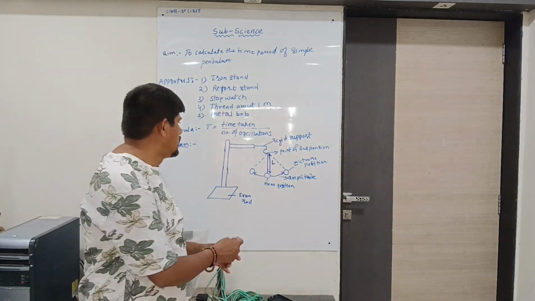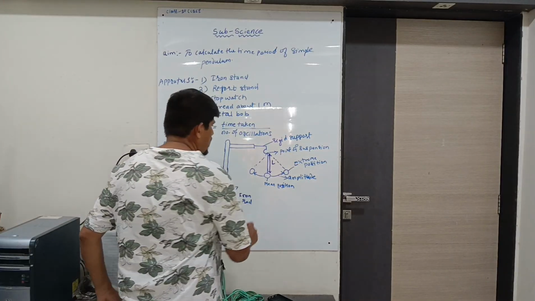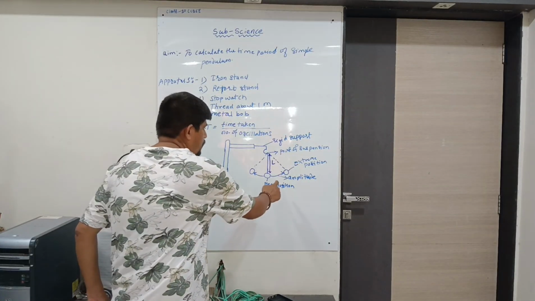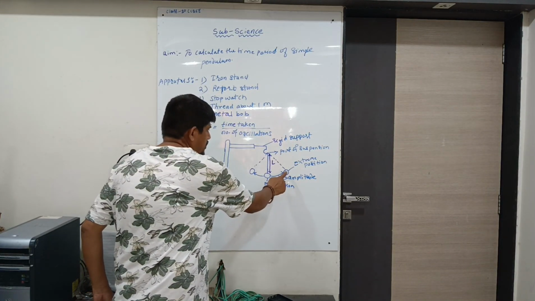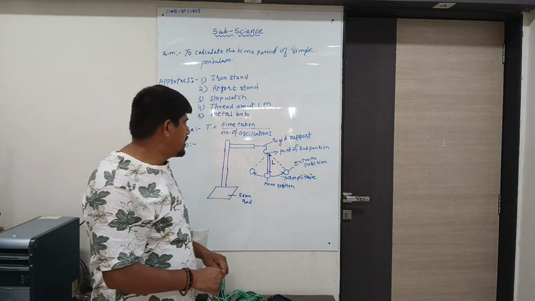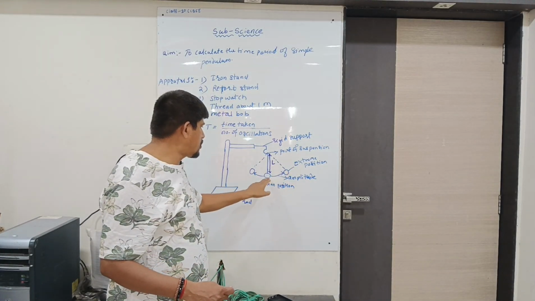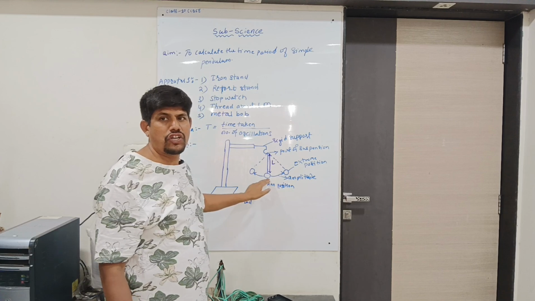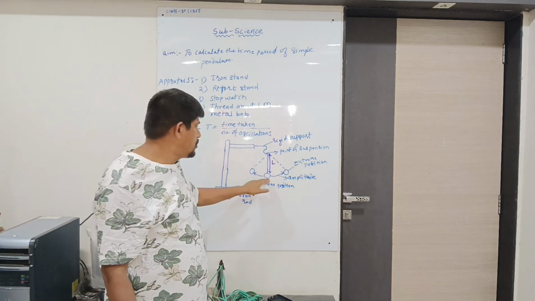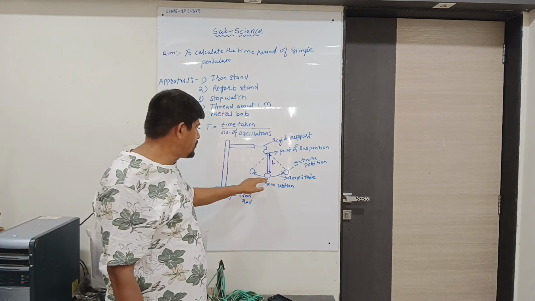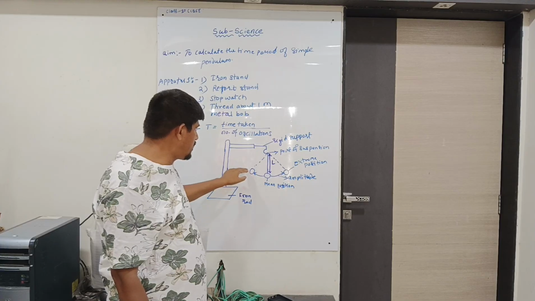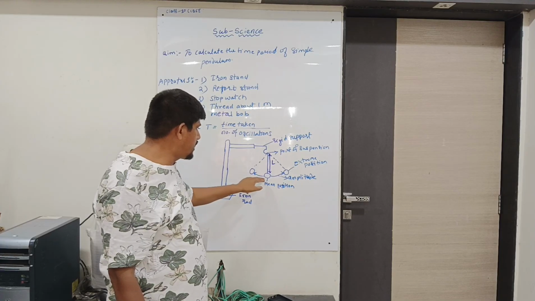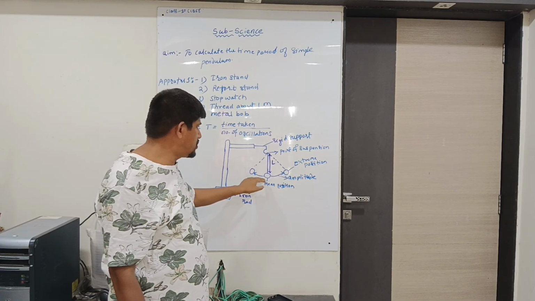Now, one oscillation means from here. When the bob of the pendulum crosses the mean position, you have to start your stopwatch. Then it will go to the extreme position, then again return to the mean position.